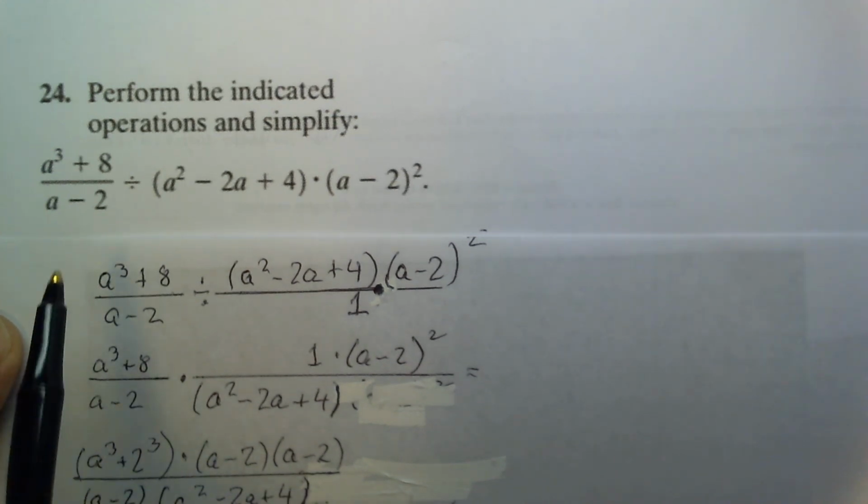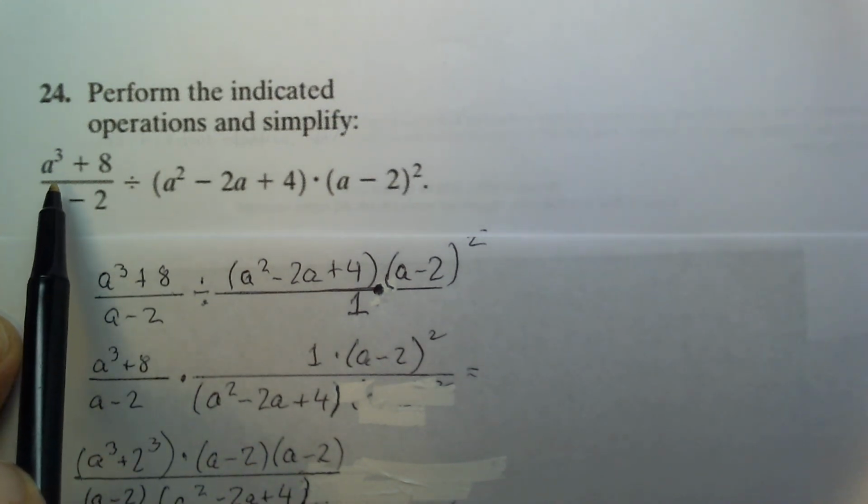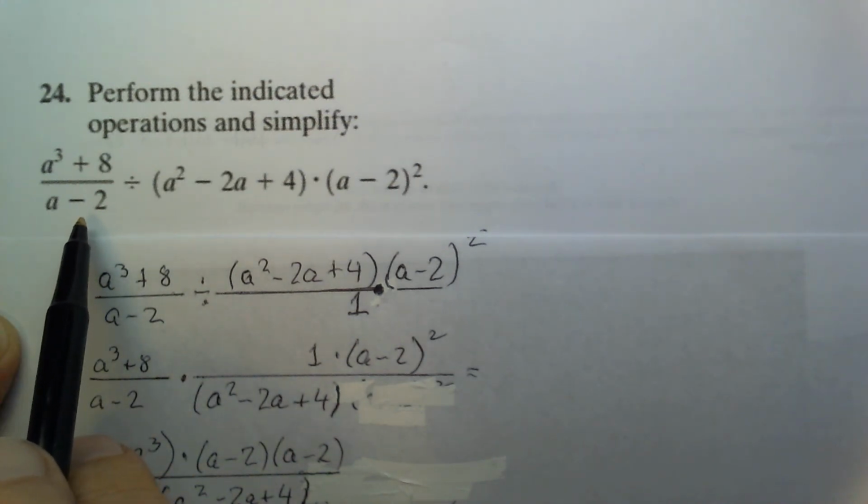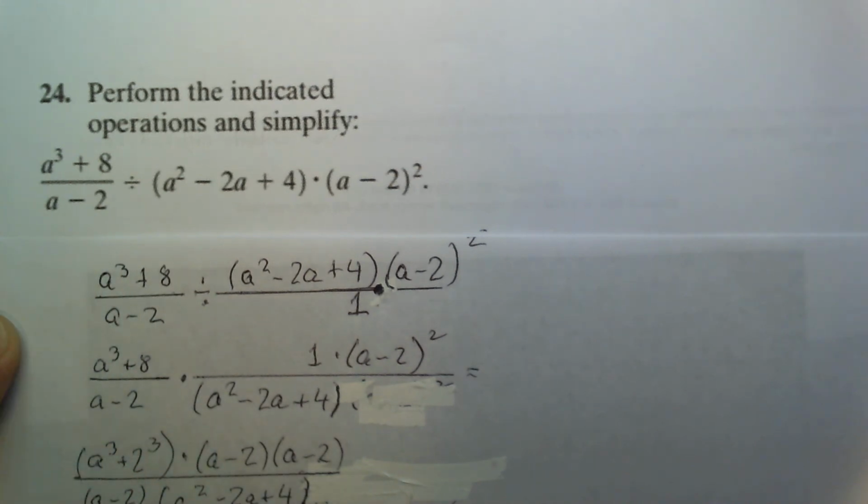Well, a equals 2 would not be a good example because then the denominator would be 0. So maybe select a equals 3 and see how that works out. Okay? Anyway, that's the final answer.